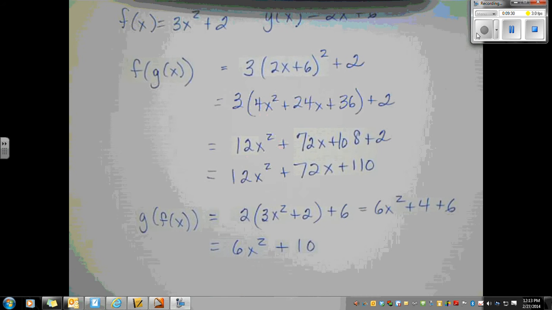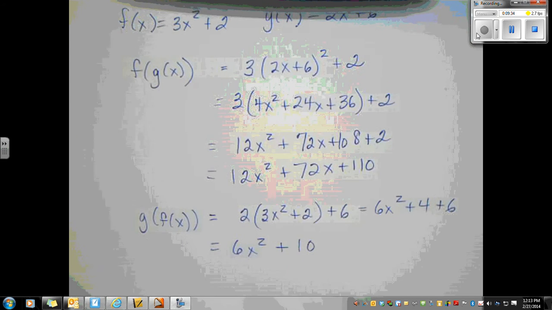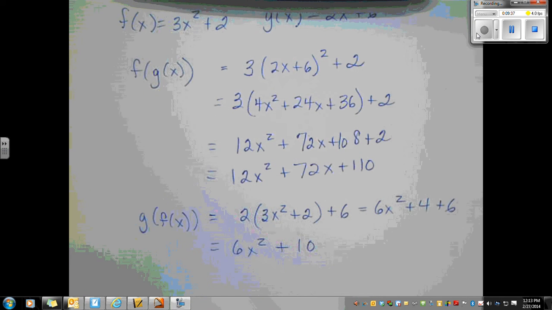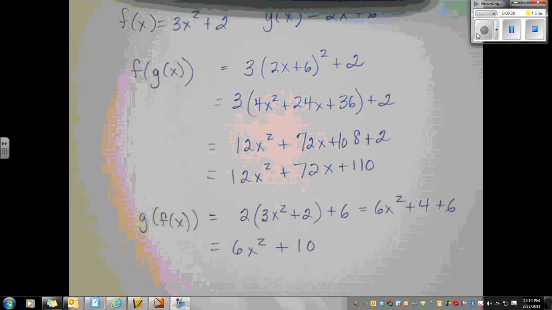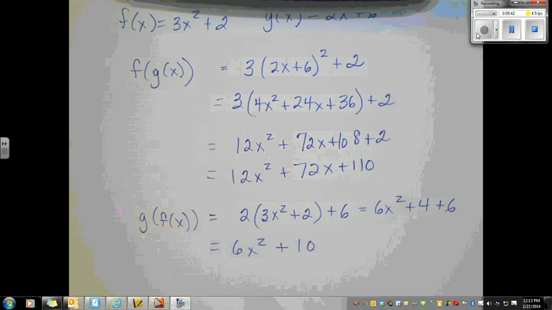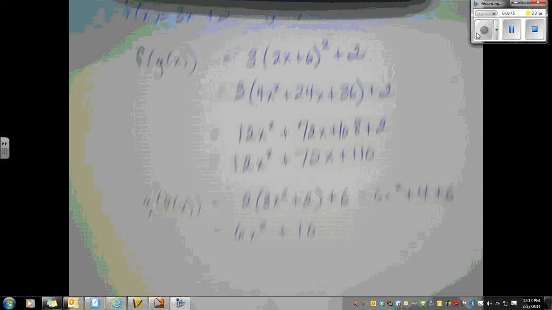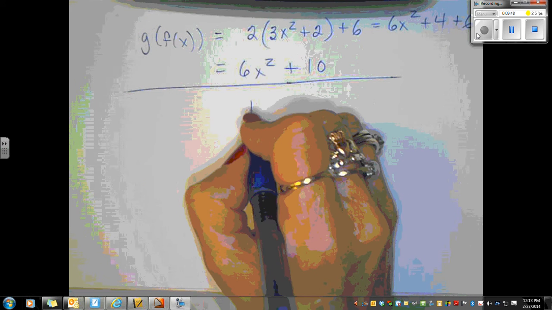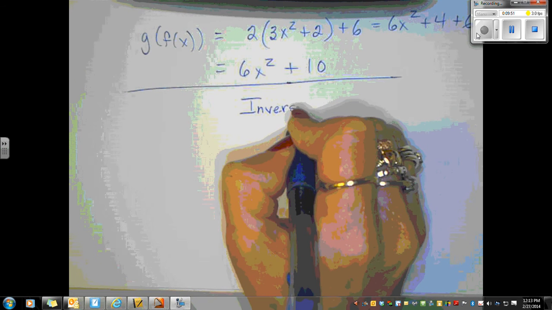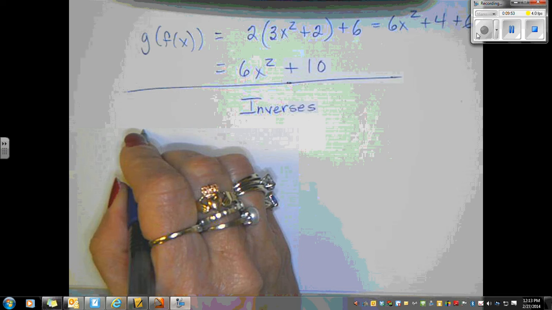Okay, let's talk about inverses. How about if you had this?